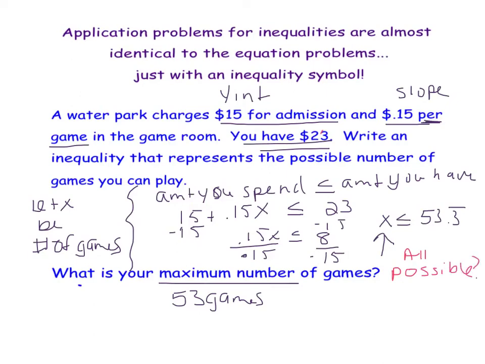In this case, since the solution is any number that is less than or equal to 53, if the question was asking what are all of the possible solutions, we could play any number less than or equal to 53, and I apologize for my handwriting. So if the question was asking for all possible solutions, you could play any number of games less than or equal to 53.